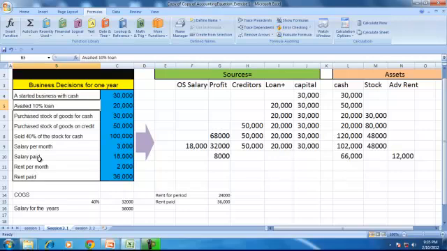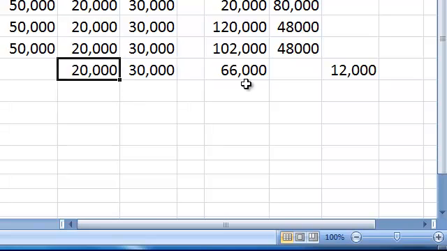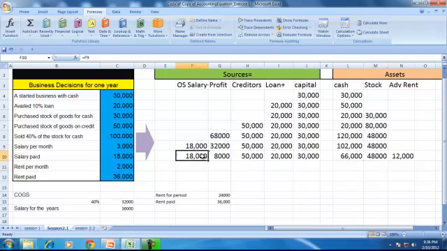And interest, even if it is not mentioned, because of the accrual concept, we have to show the interest. Before that, let us complete this equation. No change in the loan, no change in the creditor, no change in the outstanding salary, no change in the stock. So the total of the sources side is 126,000 and the total of the asset side is 126,000.